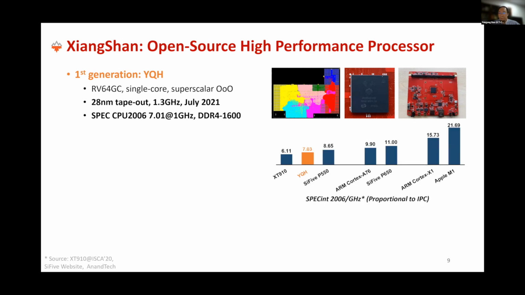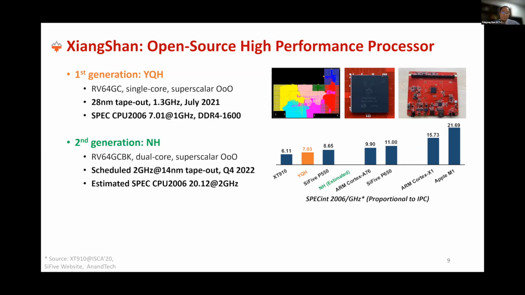If we take a look at the position of the first generation, the Yanxihu, among other processors, for example, like other RISC-V, SiFive P550, and the ARM Cortex-A76, the Yanxihu is just between Alibaba's Xuantie C910 and the SiFive P550.